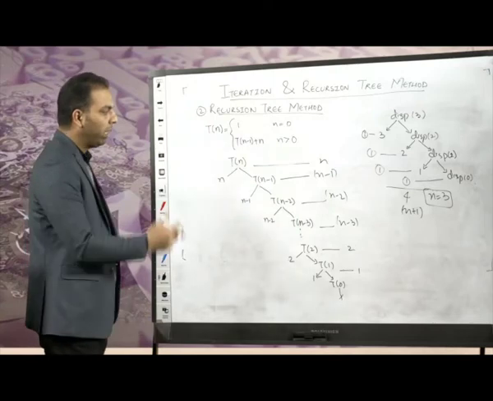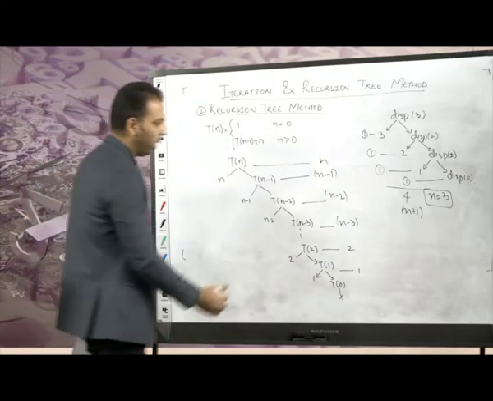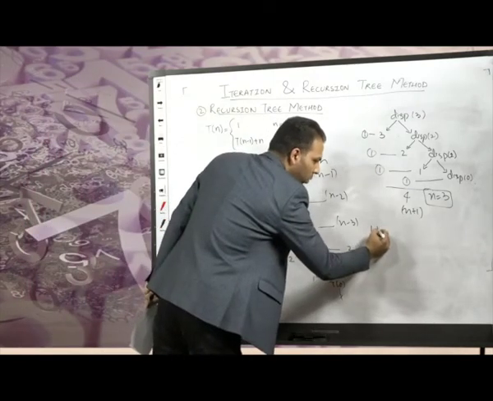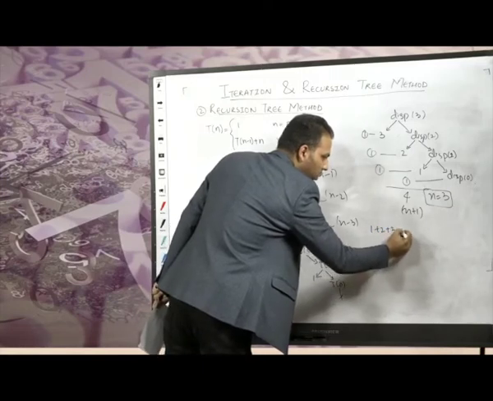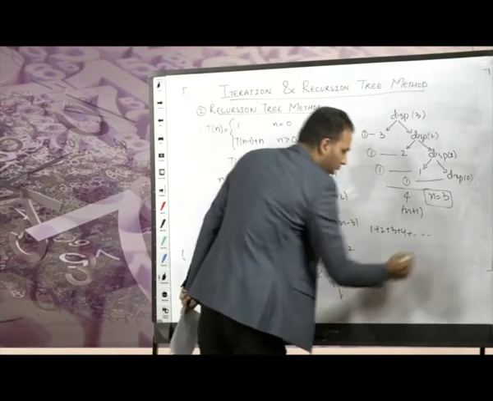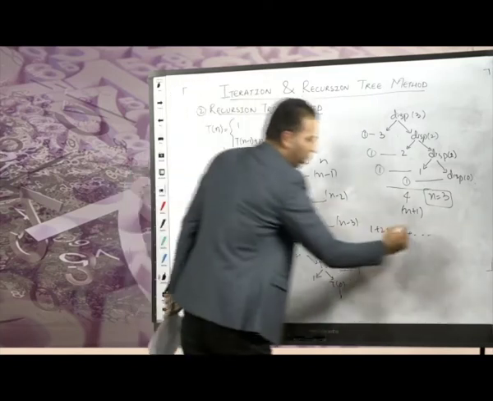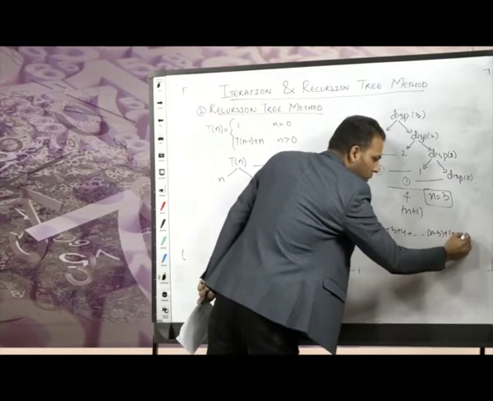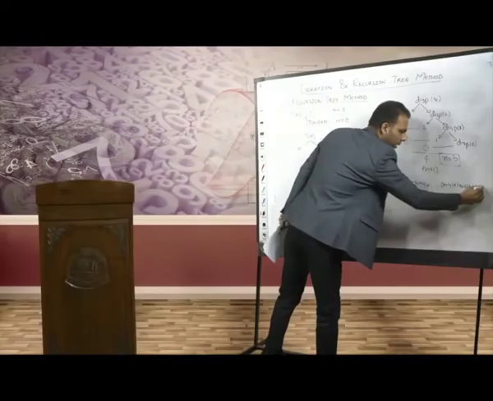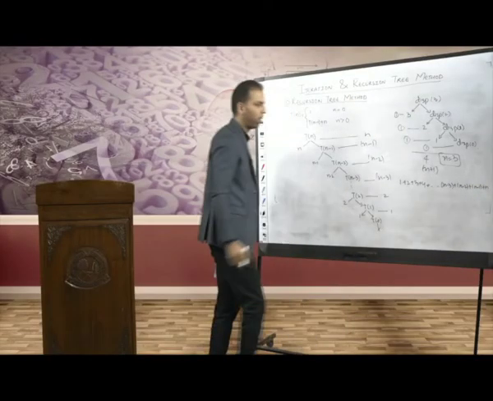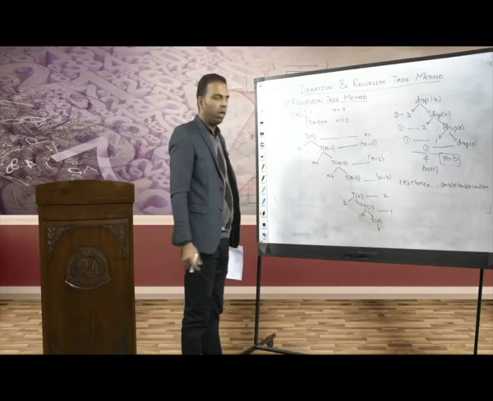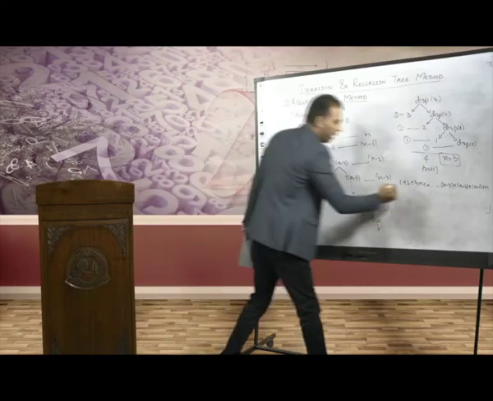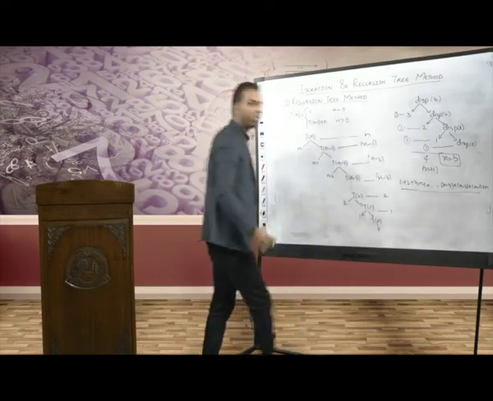So what will be the time taken here? It will be 1 plus 2 plus 3 plus 4 plus so on up to n minus 3 plus n minus 2 plus n minus 1 plus n. Okay. So is this series familiar to you? What will be the sum of the series?